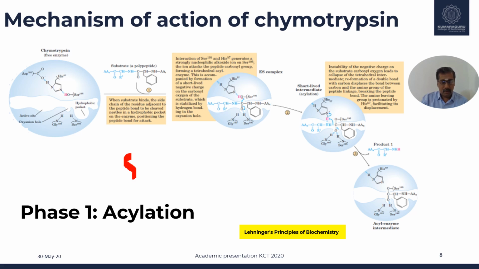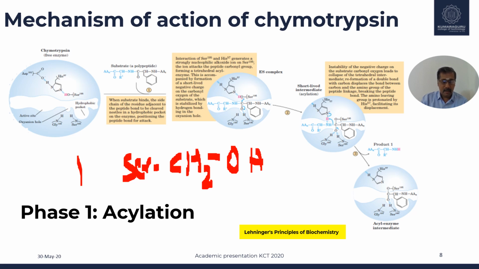So this is your serine. Serine is having CH2 and OH. This is the side chain. This serine is located in position 195, where here you can see this part.